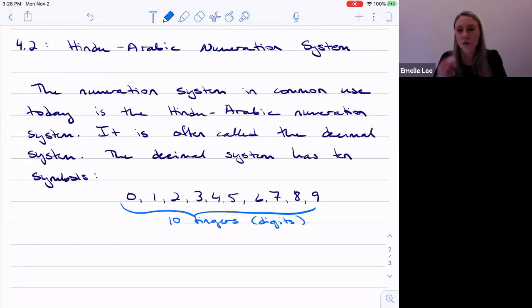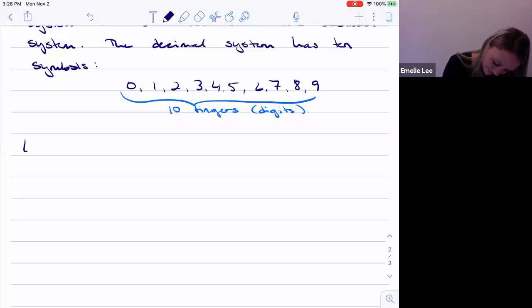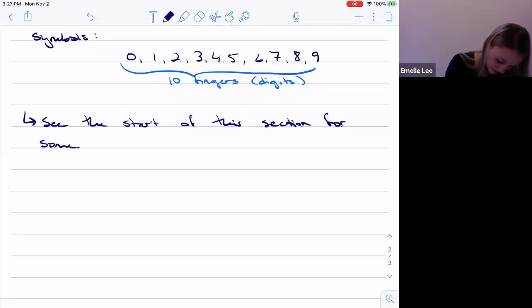Okay, so we're talking base 10 here, essentially. But I will say, see the start of this section for some fun historical notes.